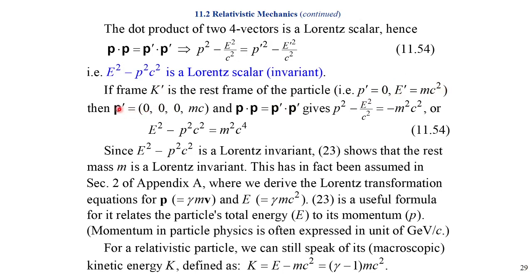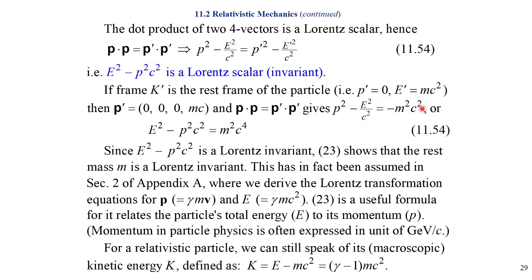So P prime is 0, 0, 0, mc squared over c, so mc, and P dot P equals P prime dot P prime. Another frame always gives us this value. So we can estimate E squared minus P squared c squared just equals minus m squared c squared.